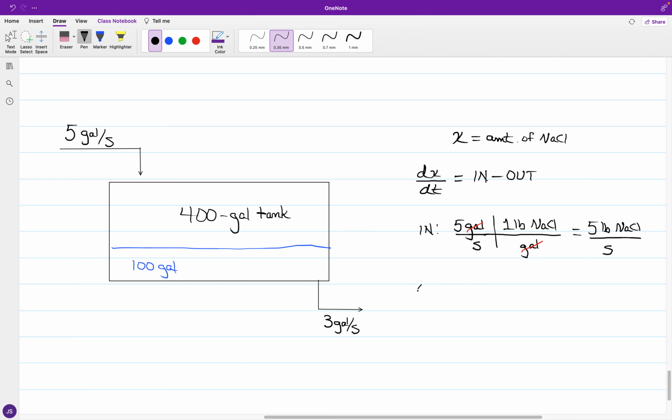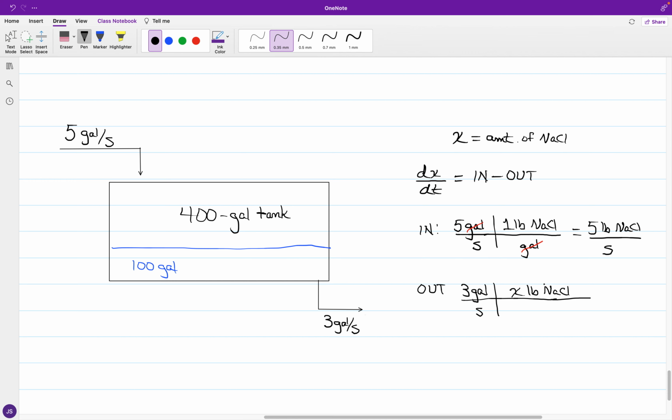Now for what is going out, the flow rate we have is 3 gallons per second. And again, the amount of salt is going to be changing, so you have x pounds of salt.